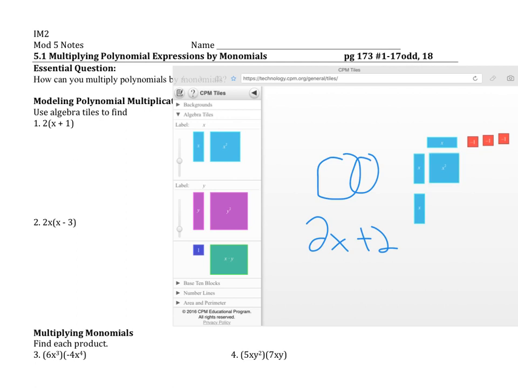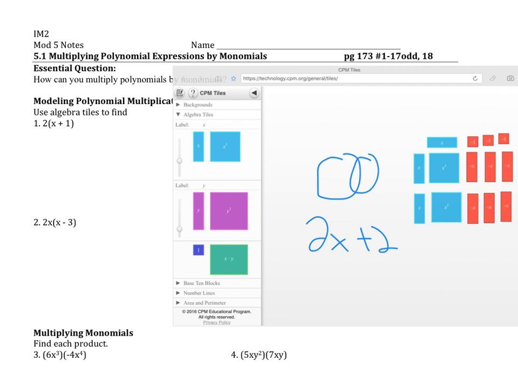Then we have an x times a negative 1, and that gives us a negative x, and a negative x, and a negative x there. And then an x squared here, and then negative x, negative x, and another negative x. So as we count these, we now have 2 x squareds and 6 negative x's.